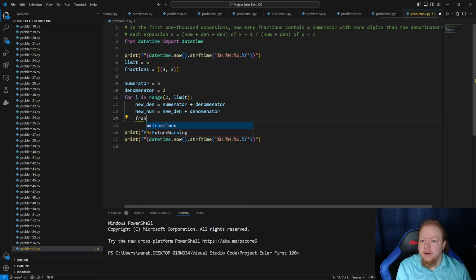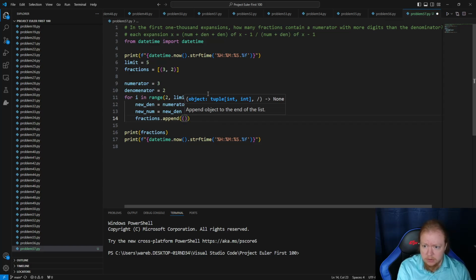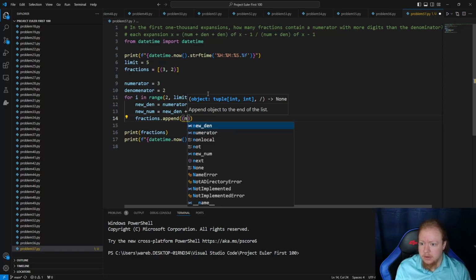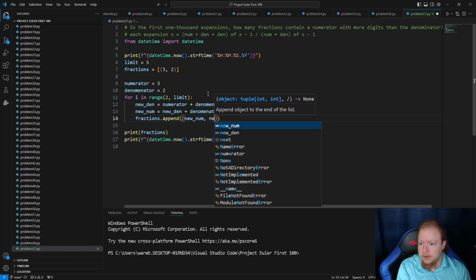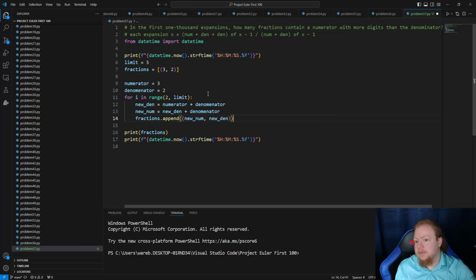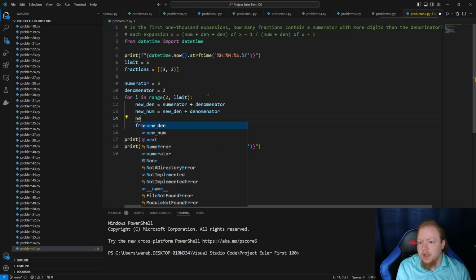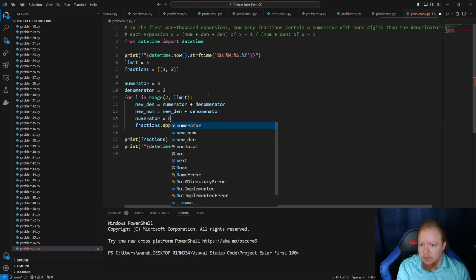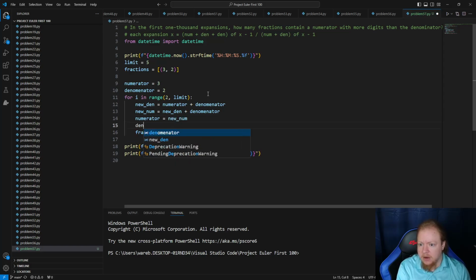And then we're going to do fractions dot append of this tuple, then set numerator equal to new num and denominator equal to new denom.